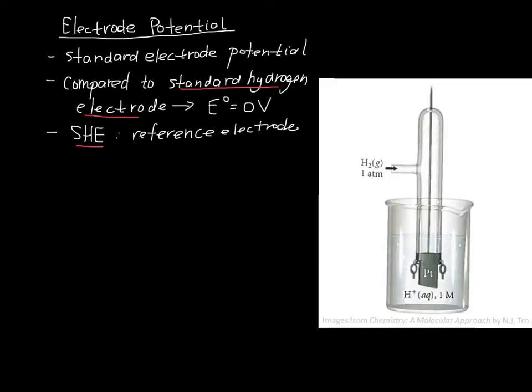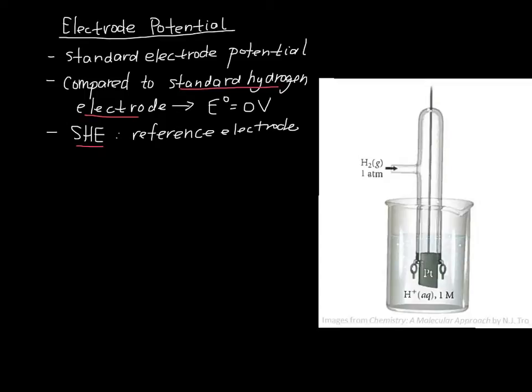So here is the standard hydrogen electrode, and because hydrogen isn't a solid, we use hydrogen gas. The H2 gas goes in and turns into H plus ions and gives off electrons, and we need to have this inert metal in here basically to act as a conductor for those electrons.